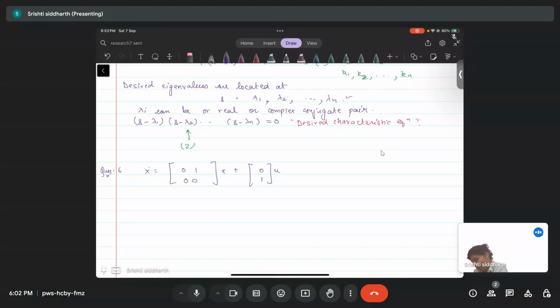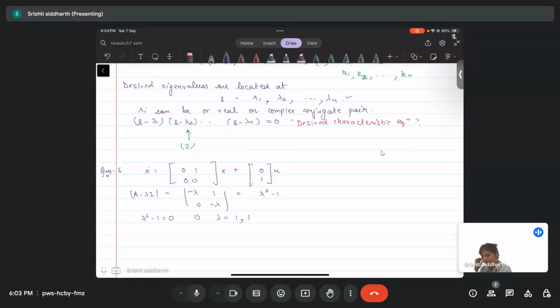So the eigenvalues of A can be computed by the determinant of A minus lambda I. This is minus lambda, 1, 0, minus lambda, which gives lambda square minus 1. So right now we have the eigenvalues at 1.